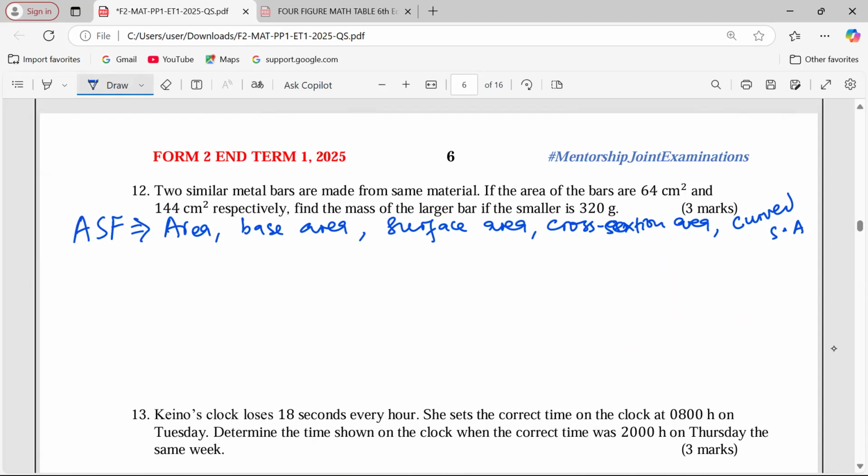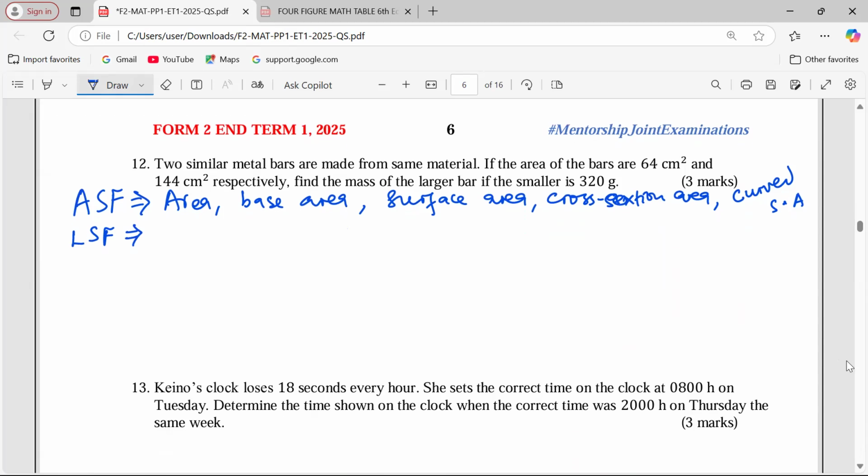Then we have linear scale factor, a ratio that relates all measurements in one dimension. And those can be lengths. A length can be very broad. We can have radius is a length, diameter is a length, height is in one dimension.